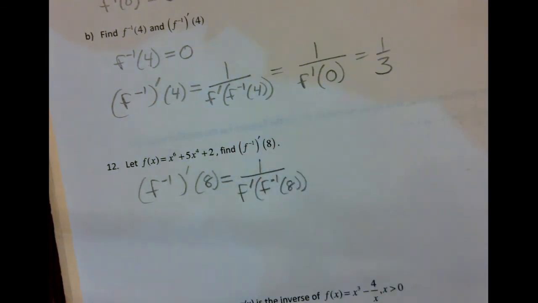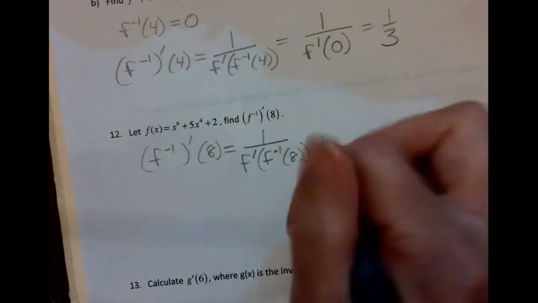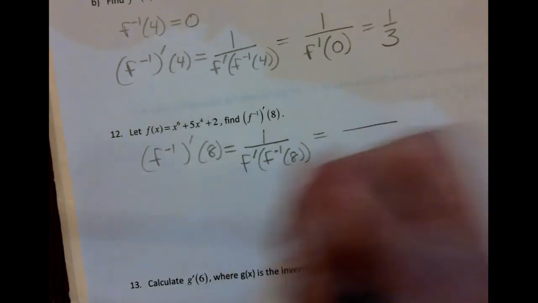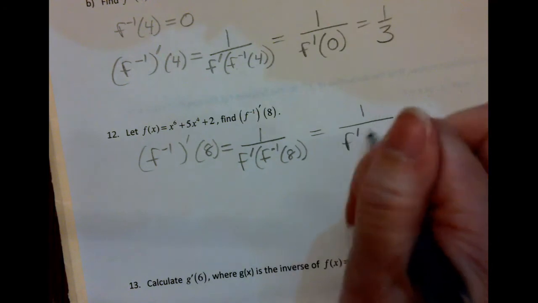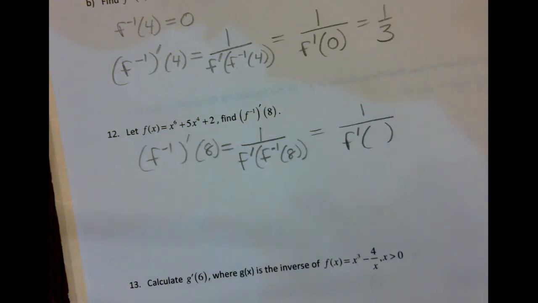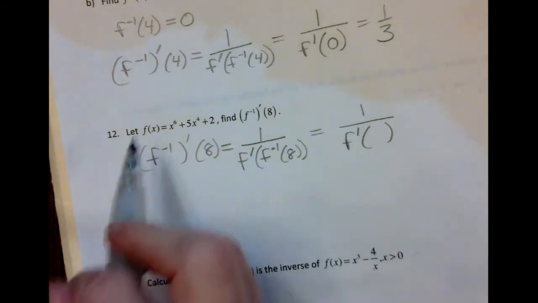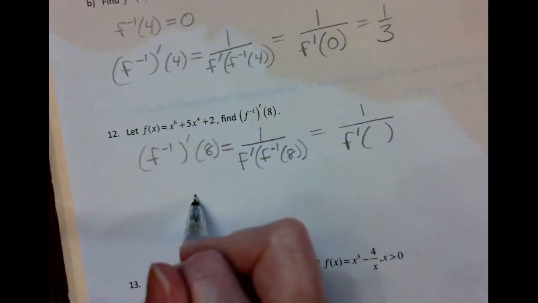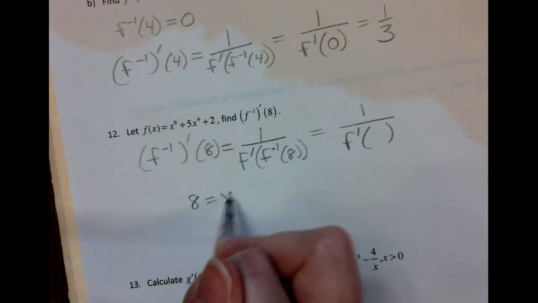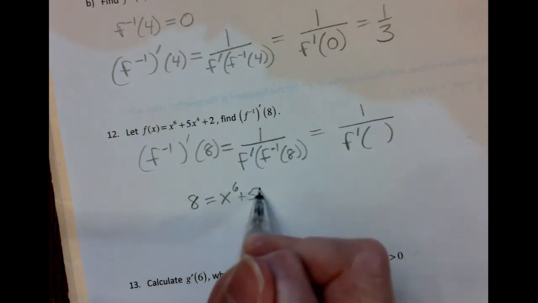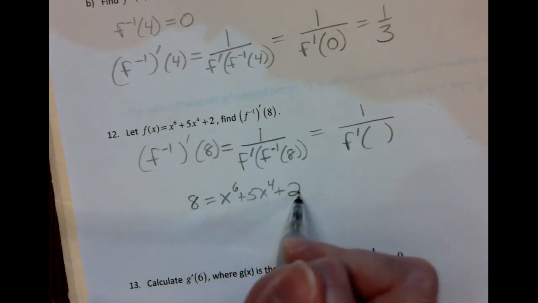The triple flip. What I'm going to evaluate first is 1 over f prime at some value. Well, the x on the inverse becomes the y on the original. So I'm going to start off going 8 equals x to the 6th plus 5x to the 4th plus 2.